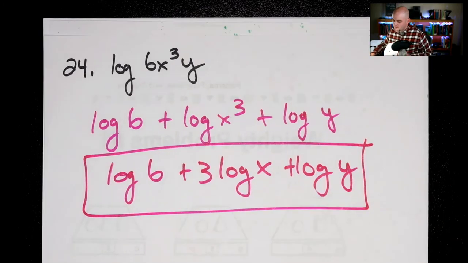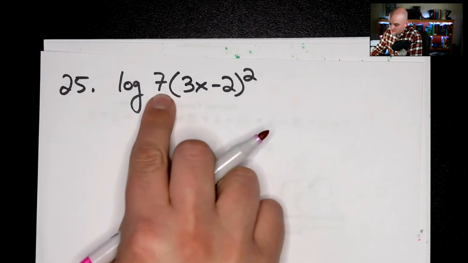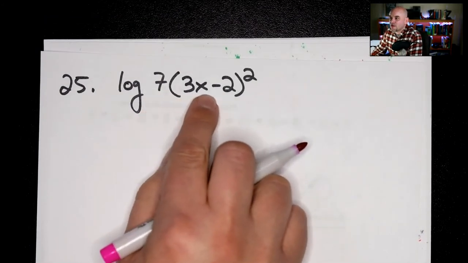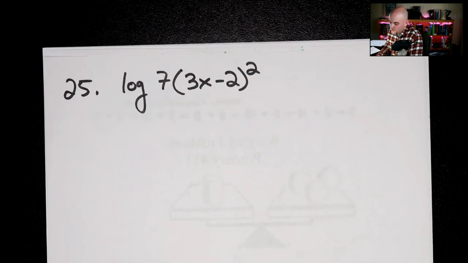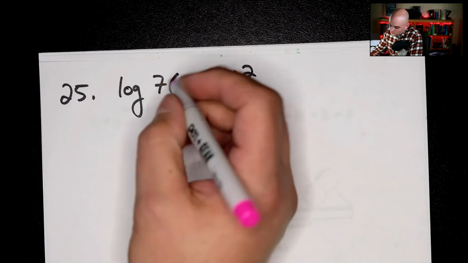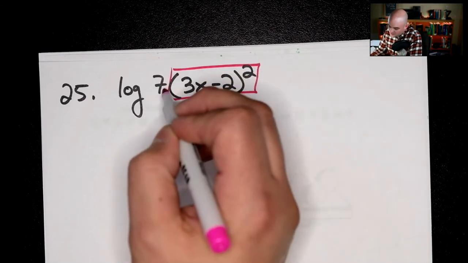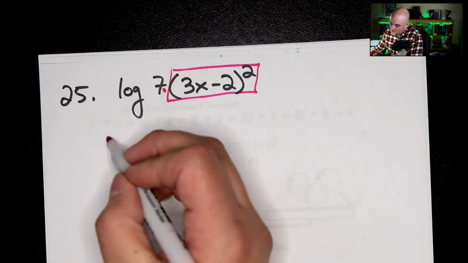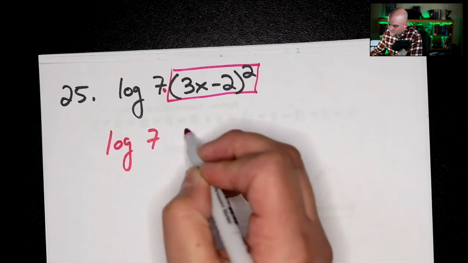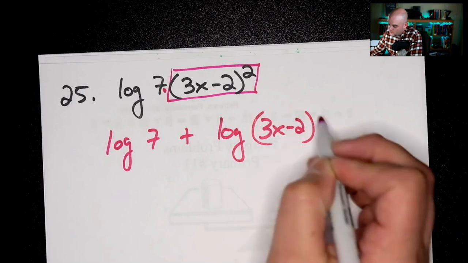Number 25. I've got this 7 out front, and then I've got 3x minus 2 quantity squared in here. And I want to expand this completely. So look at this 7 as a number, and then look at what I'm boxing in here as a separate number, because that 7's not being squared. That 3x minus 2 is. If I do it that way, I can say the log of 7 plus the log of 3x minus 2 quantity squared.